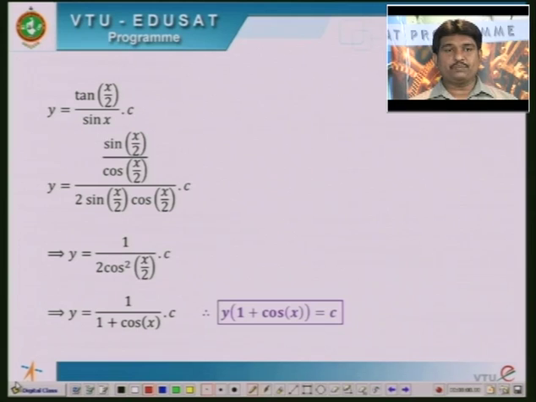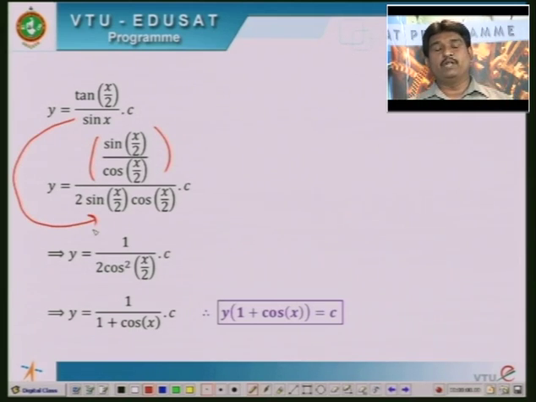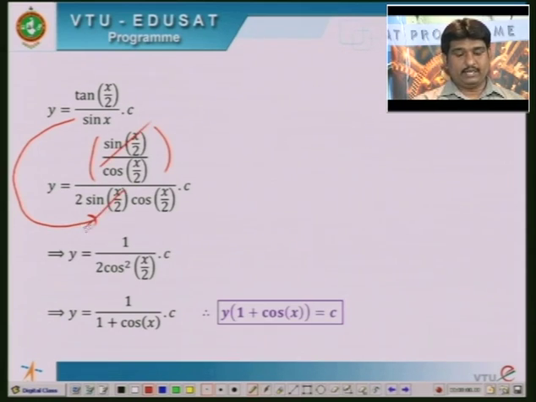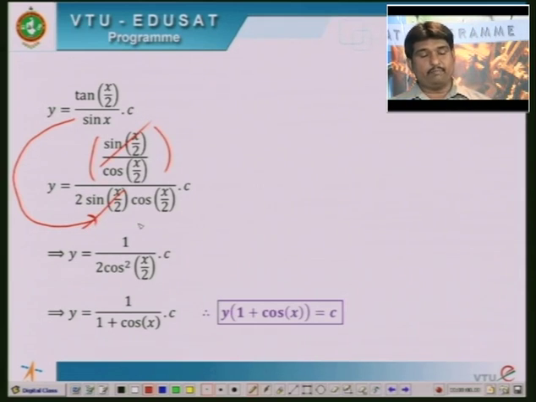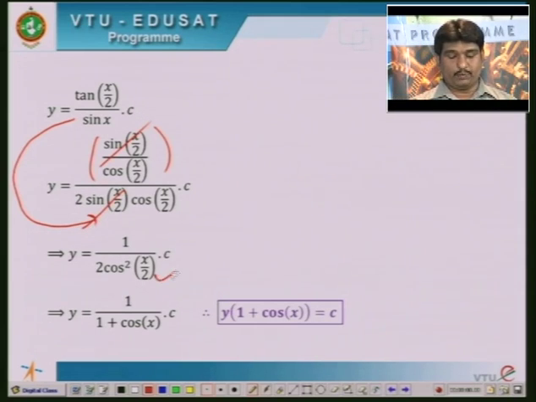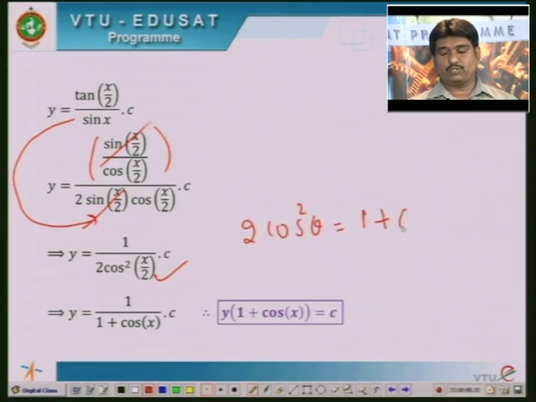You can write tan x by 2 as sin x by 2 divided by cos x by 2, and this sin x can be written using the submultiple formula as 2 sin x by 2 into cos x by 2. You just cancel this sin and take cos to the denominator. It becomes 1 by 2 cos square x by 2, and you know that 2 cos square theta equals 1 plus cos 2 theta.